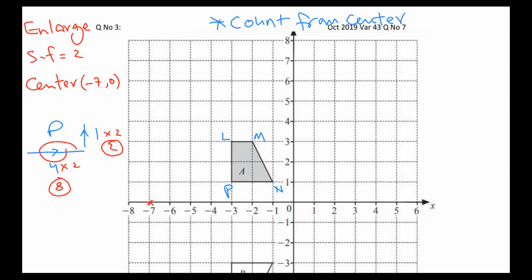This arrow says go 8 boxes right and this arrow says go 2 boxes upward. But again, count from the center. 1, 2, 3, 4, 5, 6, 7, 8, and then 2 boxes up, 1, 2. So this P comes and shifts here.